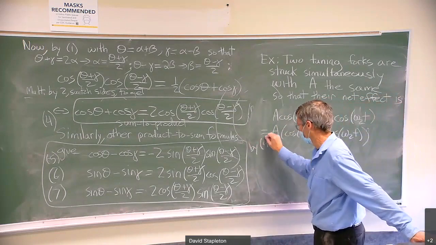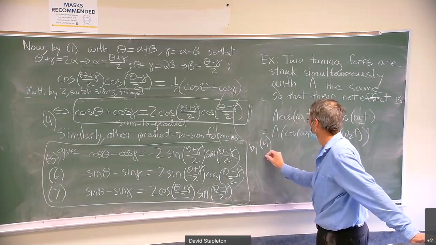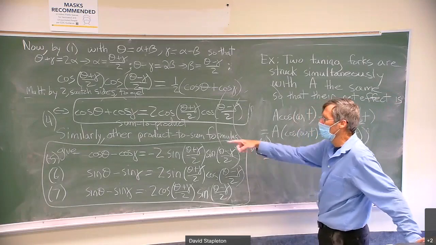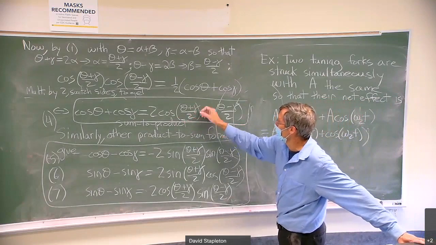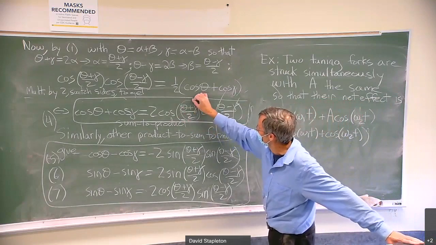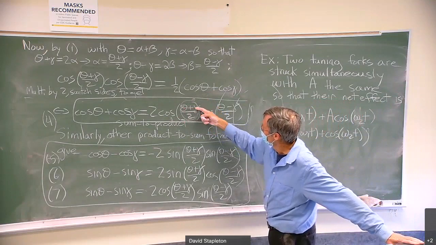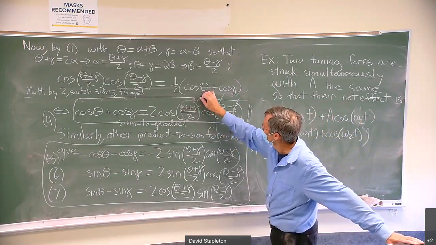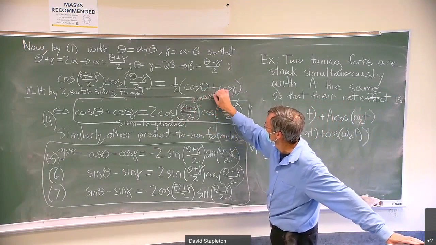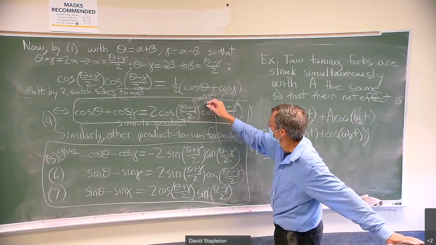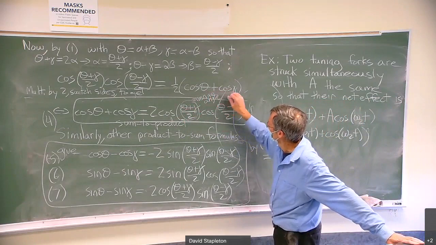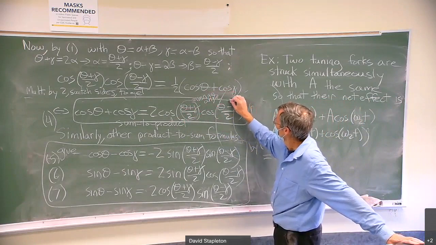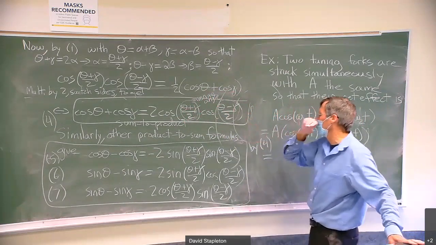I'll say then by 4, I'm going to get A times 2 cosine of the average frequency. So we call this the average of the two angles, right, because it's the sum of them divided by 2, just like the average of 2 scores. And then we have this one, the difference over 2.